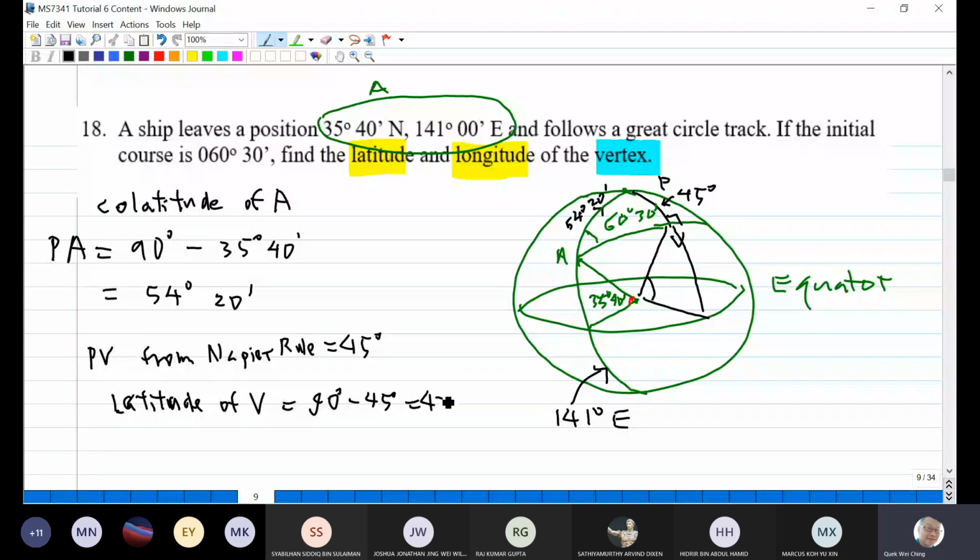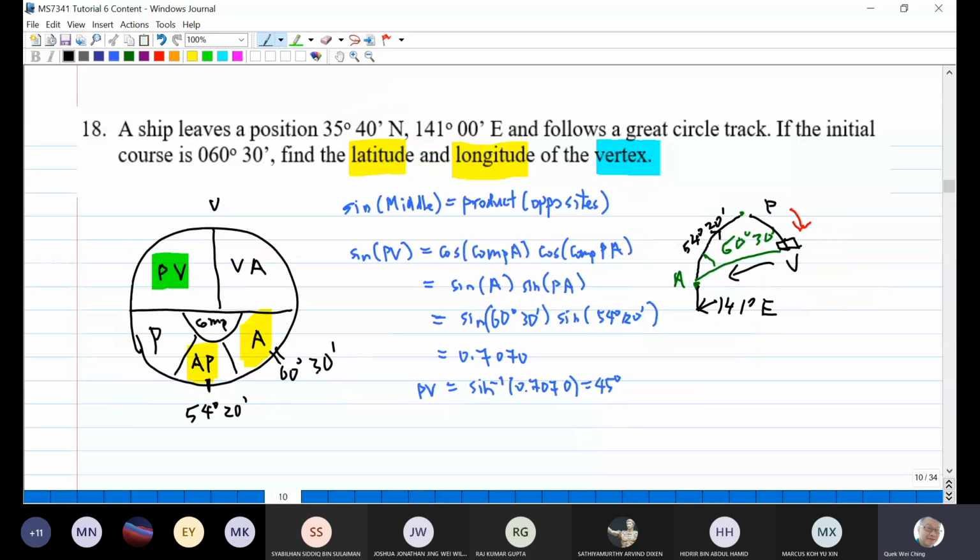So this part here is 90 minus 45. So from here to here is 90 minus 45. So it's 45 degree. So this angle is 45 degree. And that's the latitude of the V, 45 degree north. Okay, so I know the latitude of V is 45 degree north.